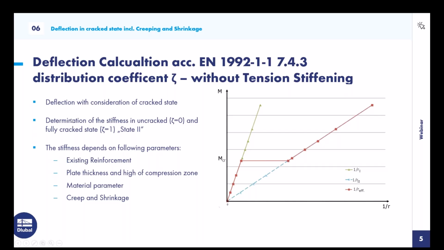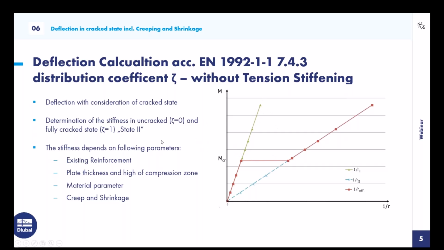So the program calculates a stiffness for the uncracked state, which is this function here, and the cracked state. And so we have a stiffness for the uncracked state and a stiffness for the cracked, or let's say fully cracked state here. And depending on if the element cracks or not, it uses the value for the uncracked or cracked stiffness.